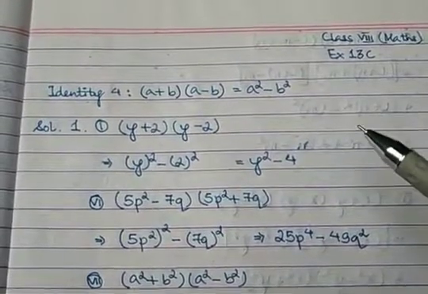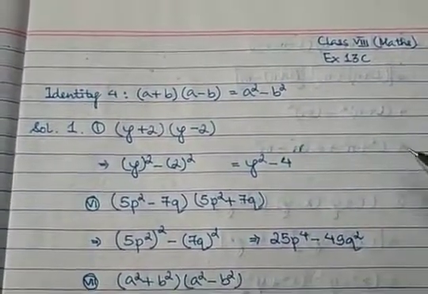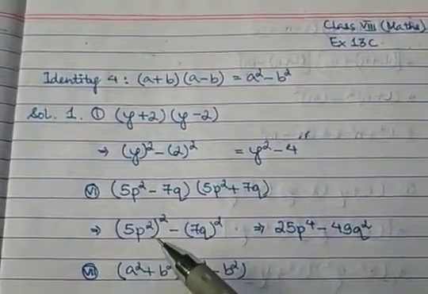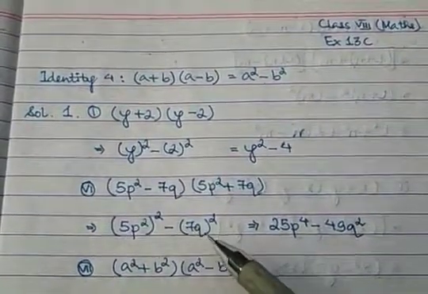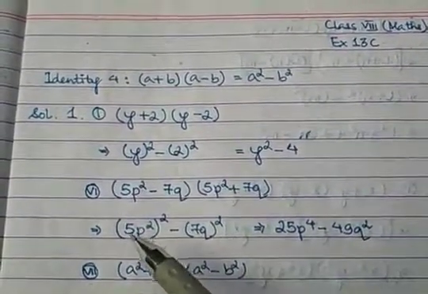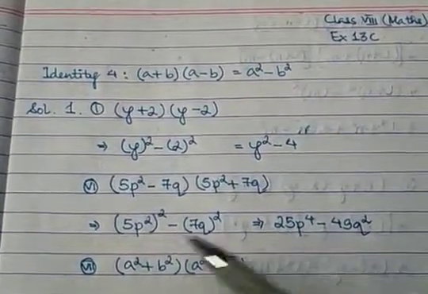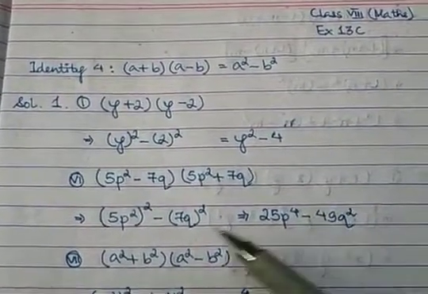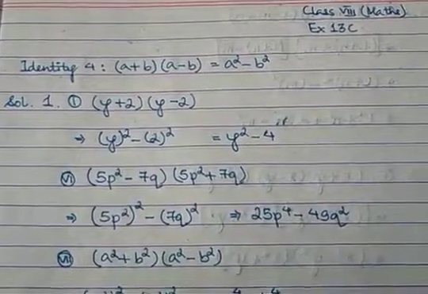We know multiplication is commutative, that is 3 into 2 will give you 6, as well as 2 into 3 will give you 6. So (5p square) whole square minus, that is a square minus b square, (7q) whole square. So 5 square is 25, p square whole square is p to the power 4, minus 7 square, 49, q square. See, we are done here.